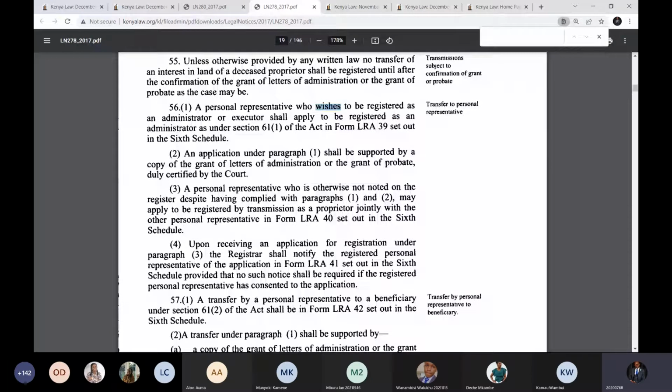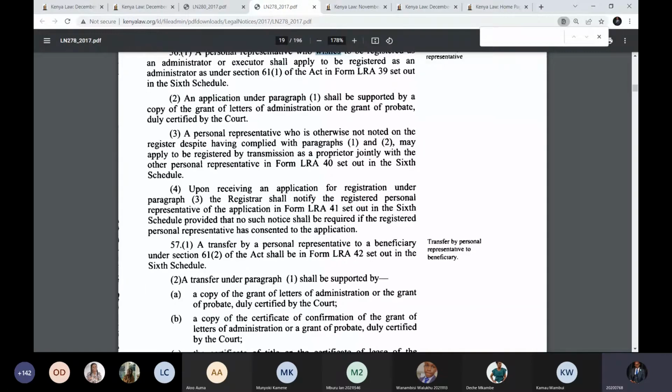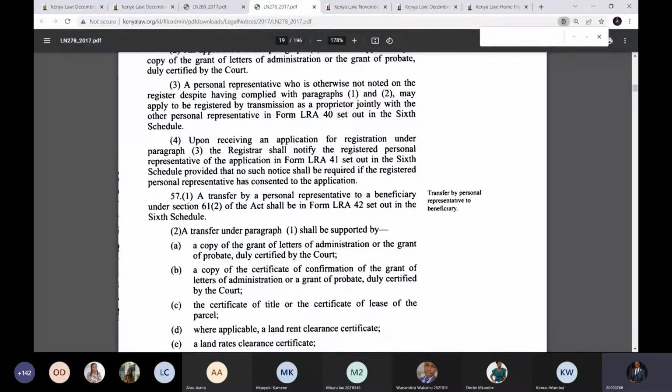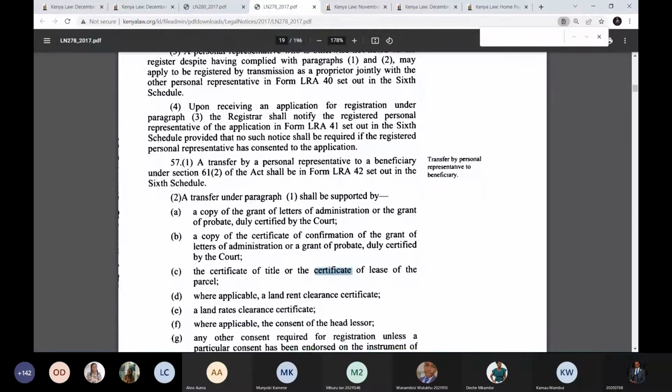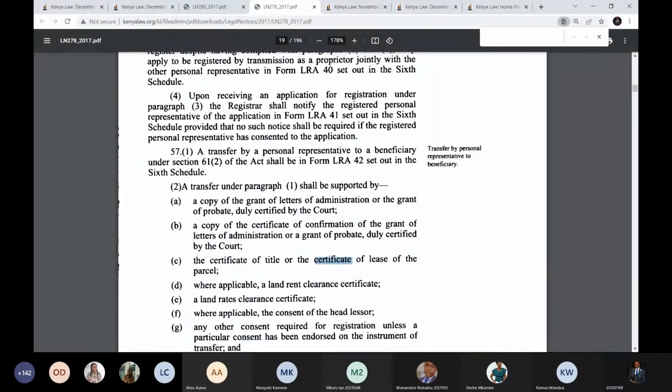If you read, you'll understand. You just do a transfer by the personal representative to the beneficiary. How do you do it? By LRA 42, and it's supported by certain documentation: a grant of probate, certificate of title, and all this accompanying documentation. Okay, that's the first thing on transmission.